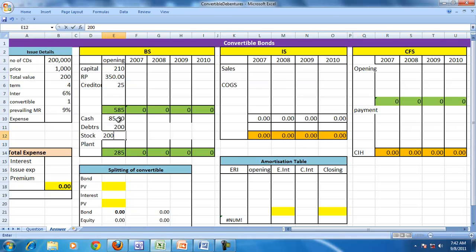So that is the opening balance sheet. So the opening cash in hand in the cash flow will be 85.